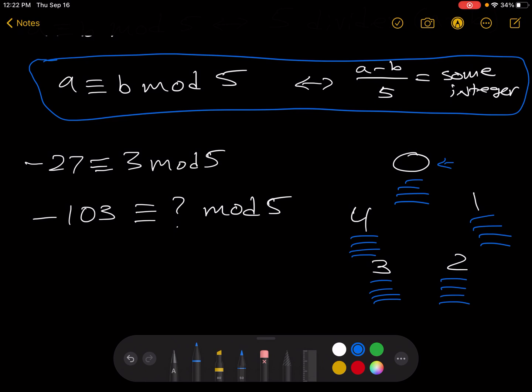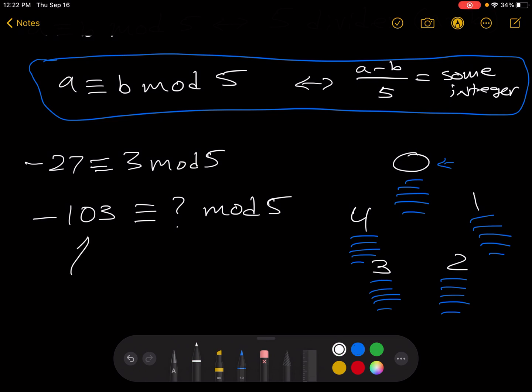Let's go a little more: negative 21 through negative 25. Negative 25 is 0. So if you're a multiple of 5, then you're 0.